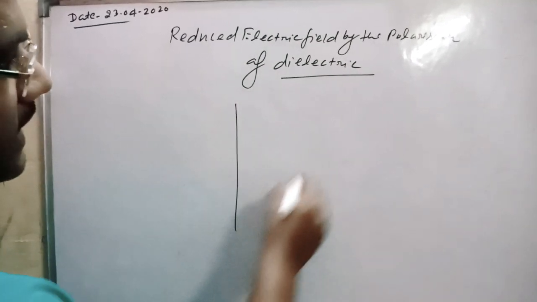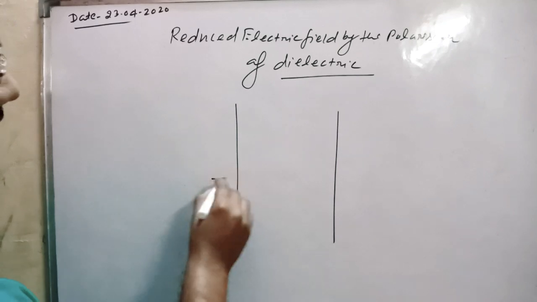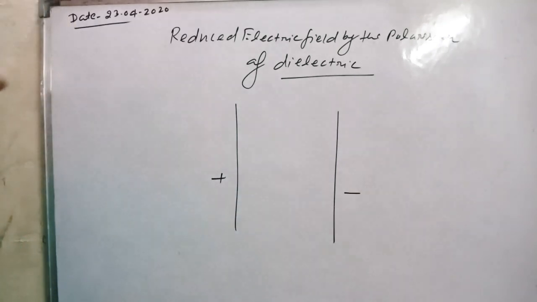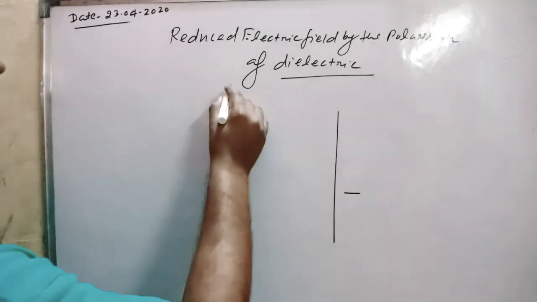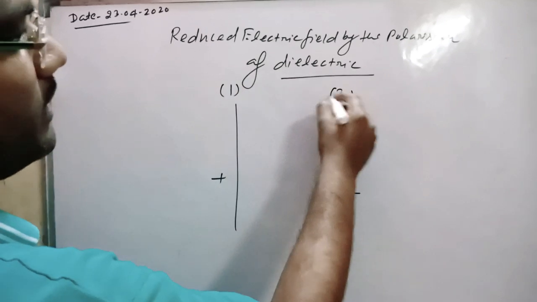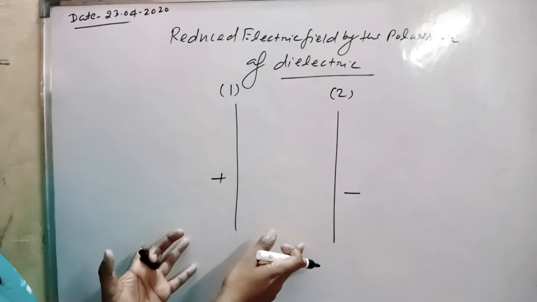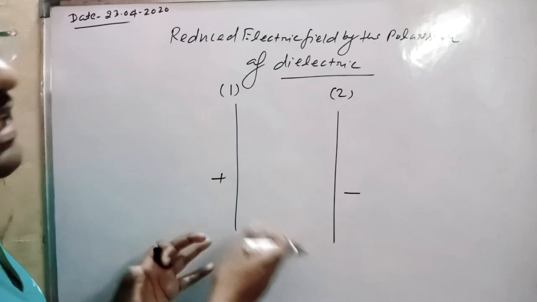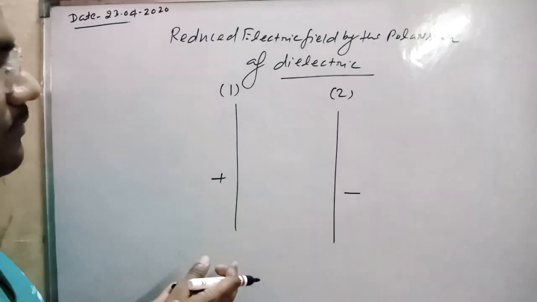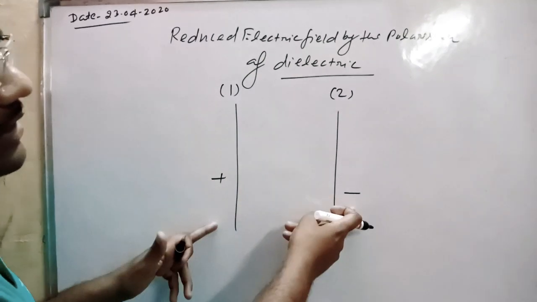Here we take two plates. One has positive charge and one has negative charge. This plate is plate 1, this plate is plate 2. These plates are used to create a uniform electric field. This one is the positive and this one is the negative.